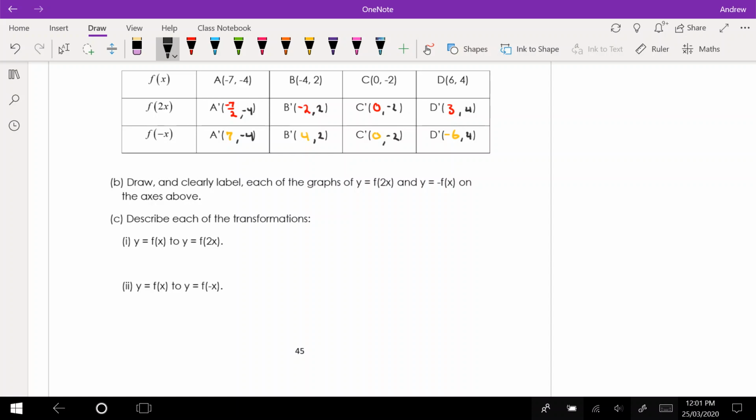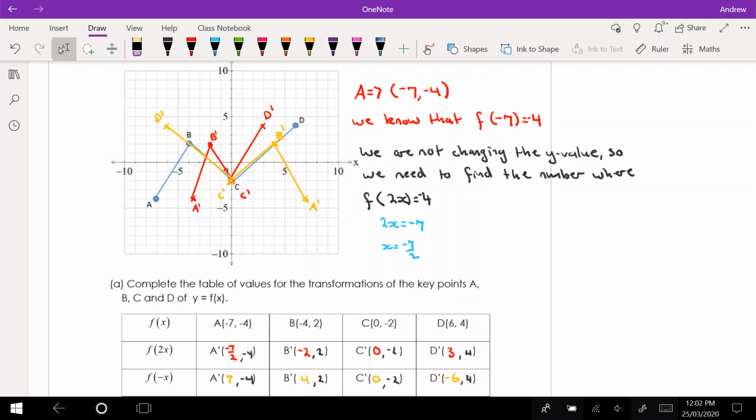It has been dilated by a factor of... What is the factor by which it's been dilated? 2? Well, if I scroll back up, are we getting wider or are we getting more squished in? We're getting more squished in.